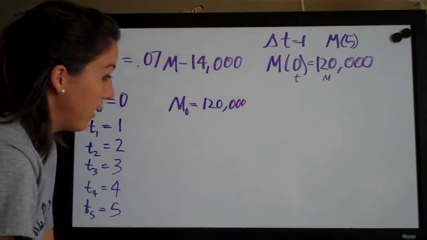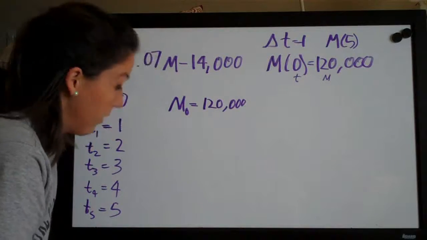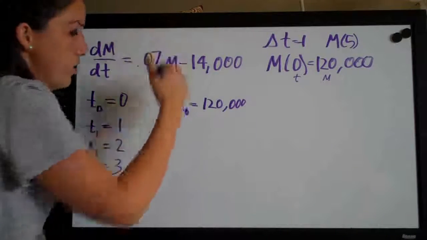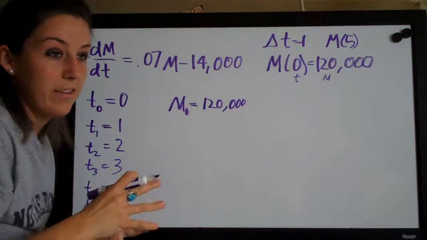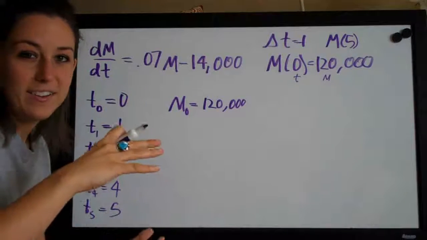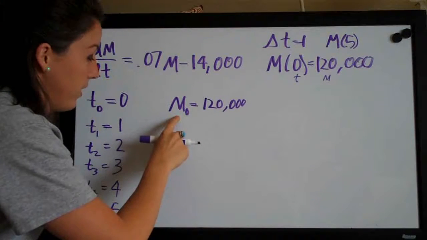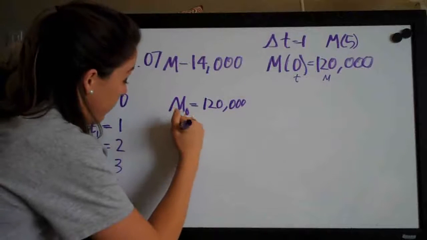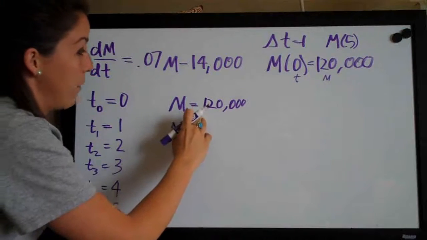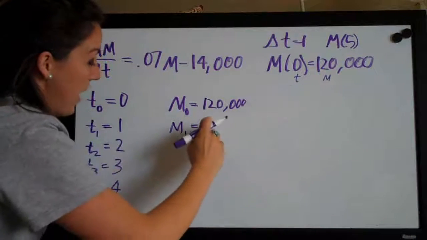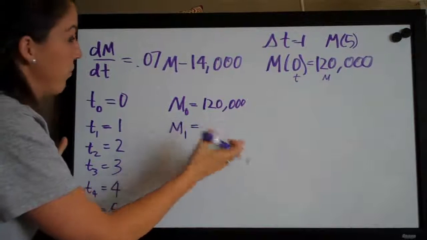And the way that we do that, the Euler's method formula is the following. The formula in the couple books that I have is like a big table and kind of complicated, but really the only one you need to remember is the one immediately following m0, which would be m1, because you're given m0 in the initial condition, and the formula always stays the same afterwards, but that first step is the one that you need to remember.